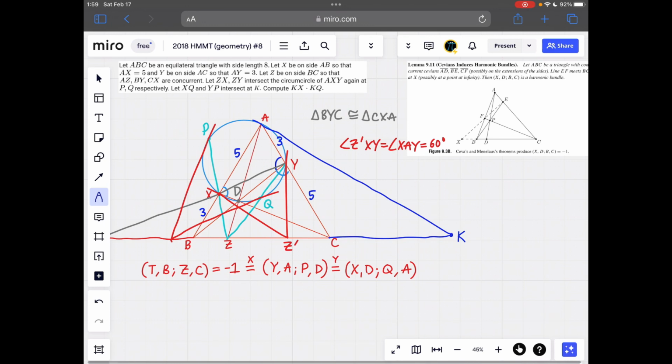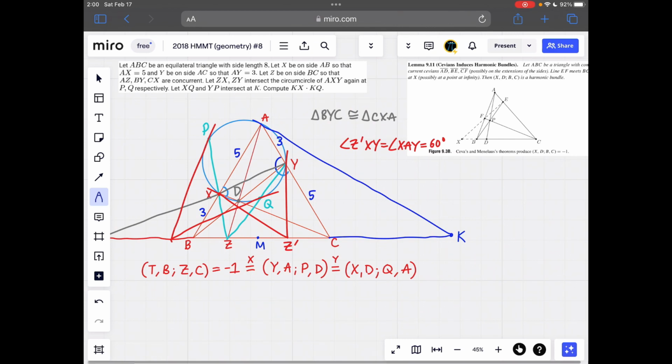We'll use linearity to find the power with respect to the circumcircle of AXY. And I'm going to do this by being a little fishy and coming up with a circle of radius 0 centered at the midpoint M of BC. Now, how does this help?